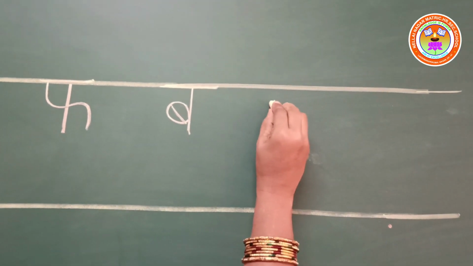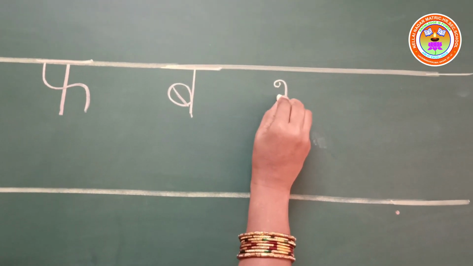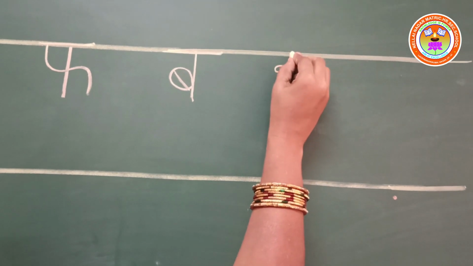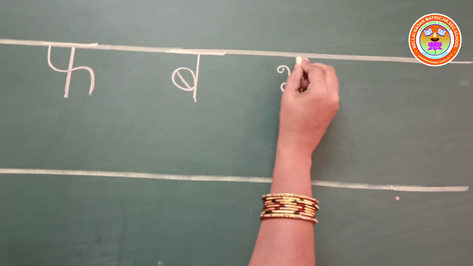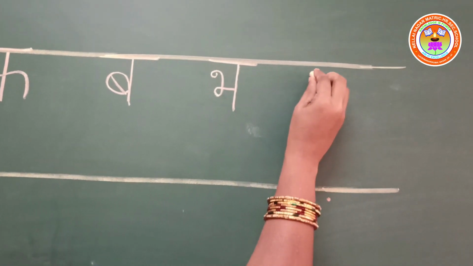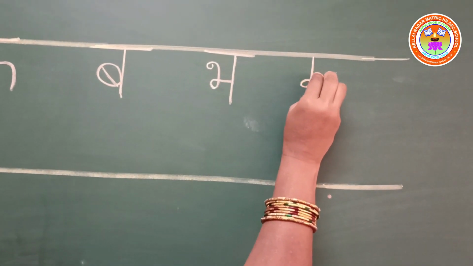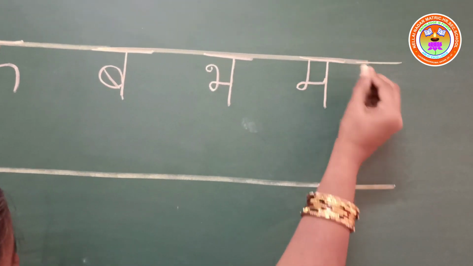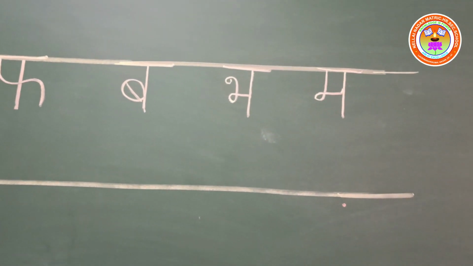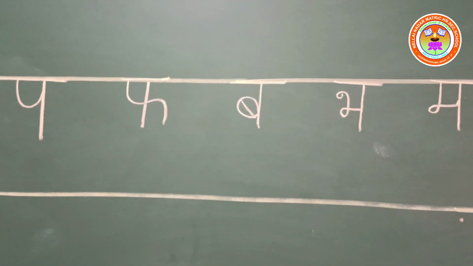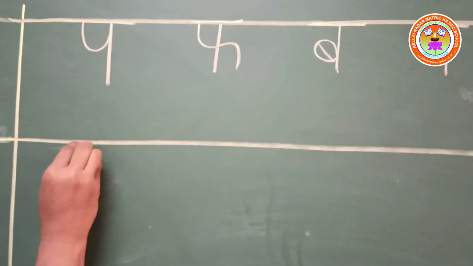B. The next letter will be: draw a curve and a sleeping line, straight line and a sleeping line on top of it. B. Draw a straight line, take it to the right, a straight line, sleeping line on top of it. M. P, f, b, b, m.